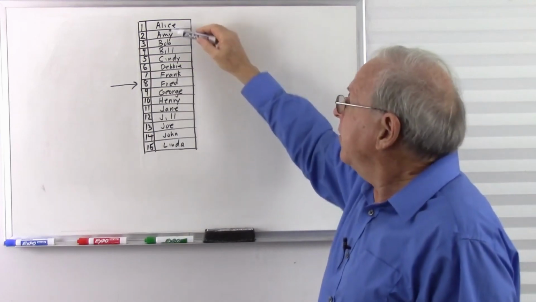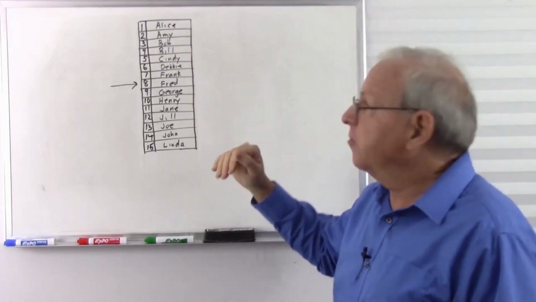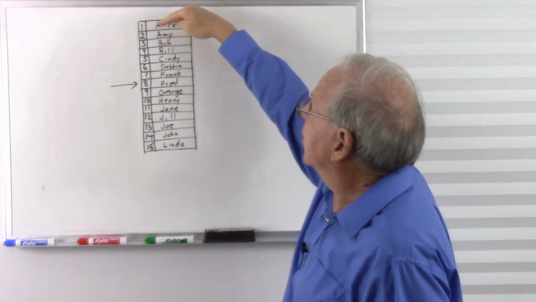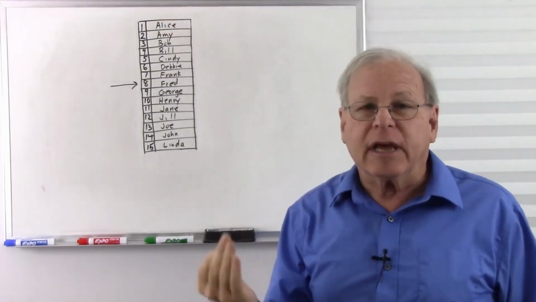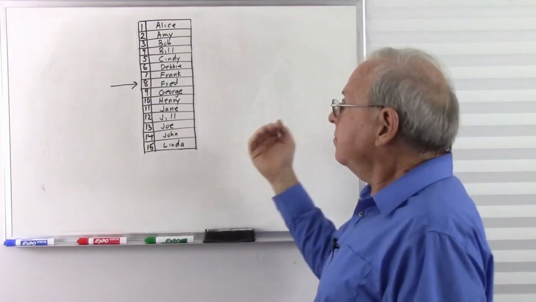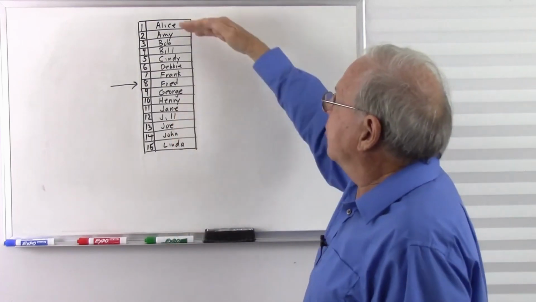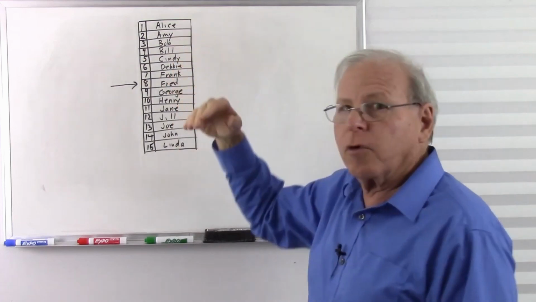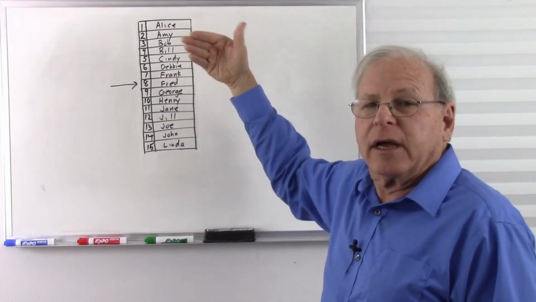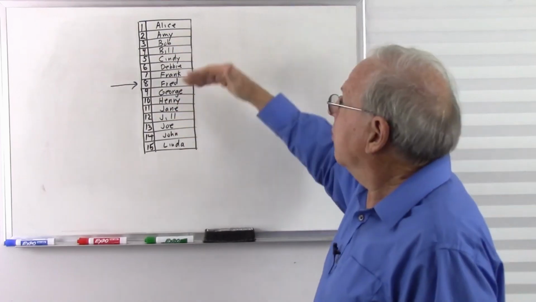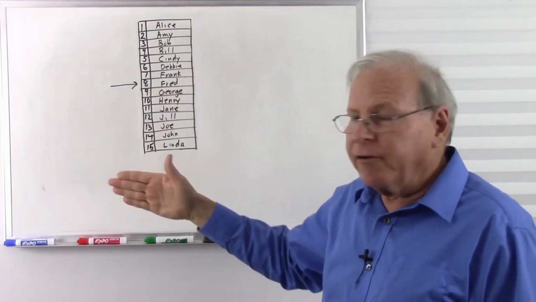No. But now that these are alphabetized, they are stored as ASCII code, as I mentioned before, which means that each one of these characters, the letter A, is stored as the decimal number 65, or in binary, it's 01000001. And so every one of these letters has a corresponding number, and the numbers are in alphabetical order. So as we go up through the alphabet, we go higher in numbers.